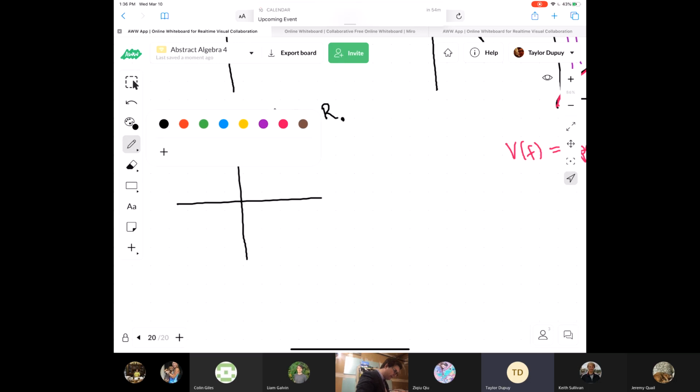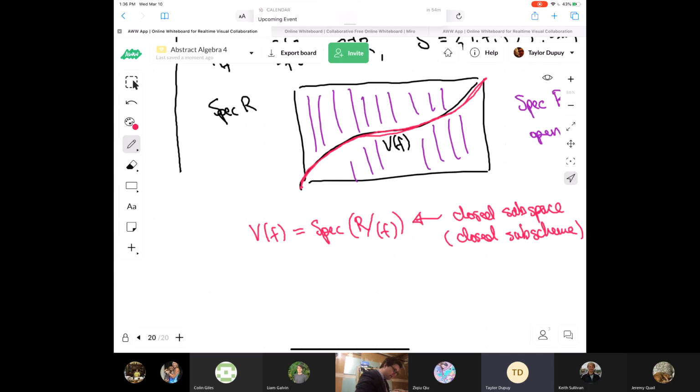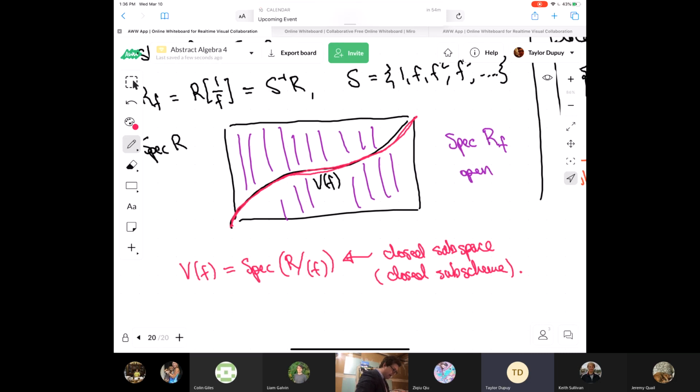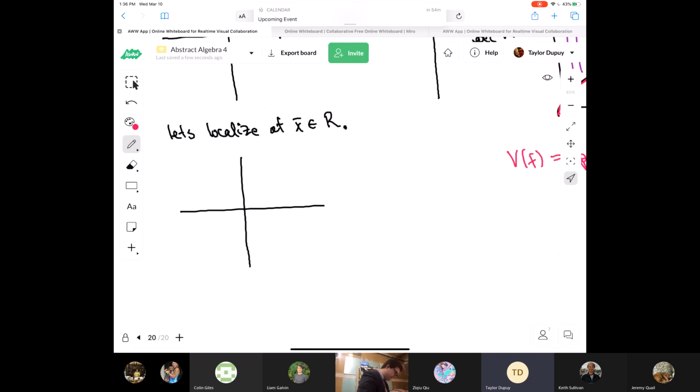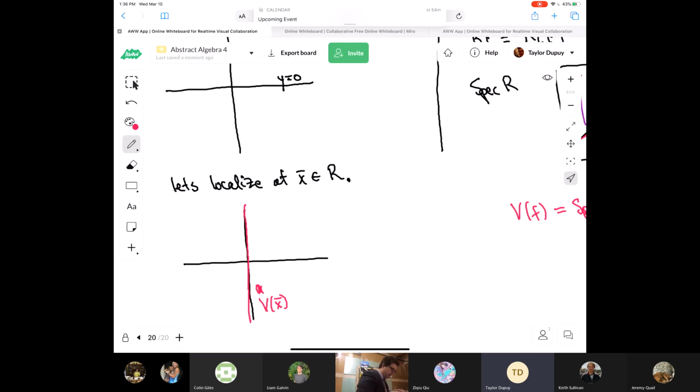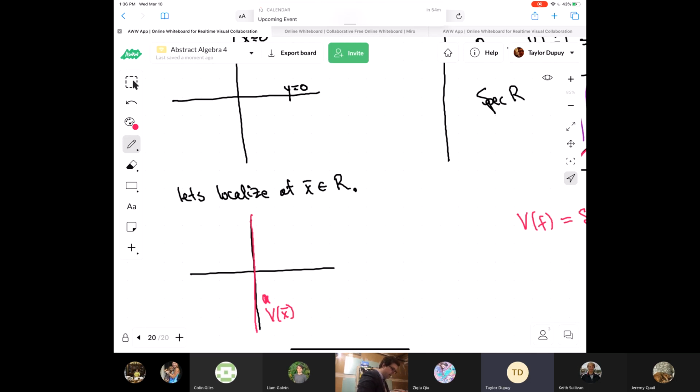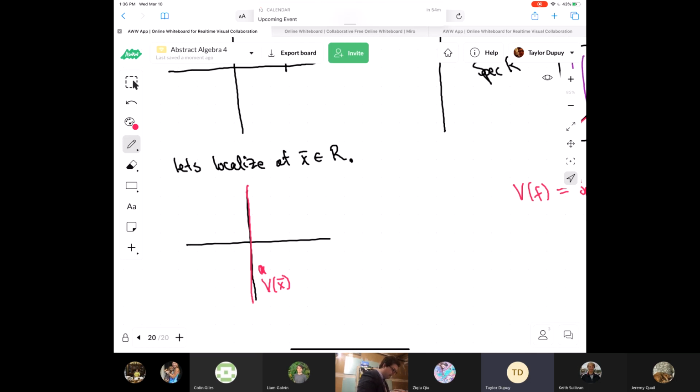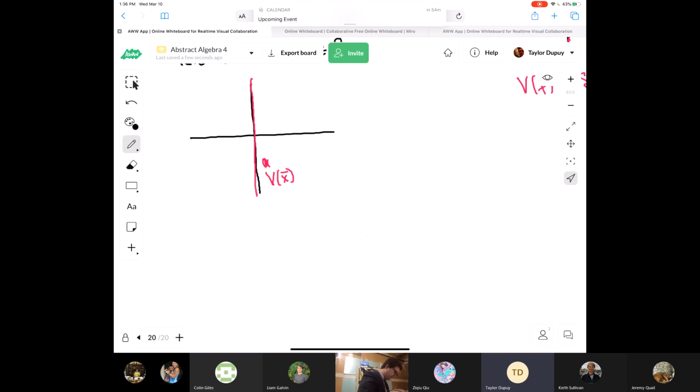I drew this in pink. Here f corresponds to x bar, so this is where x bar is equal to 0. This is V of x bar in the picture above. If I take this whole thing and I'm just removing this, what we're going to be left with is what we're left with.